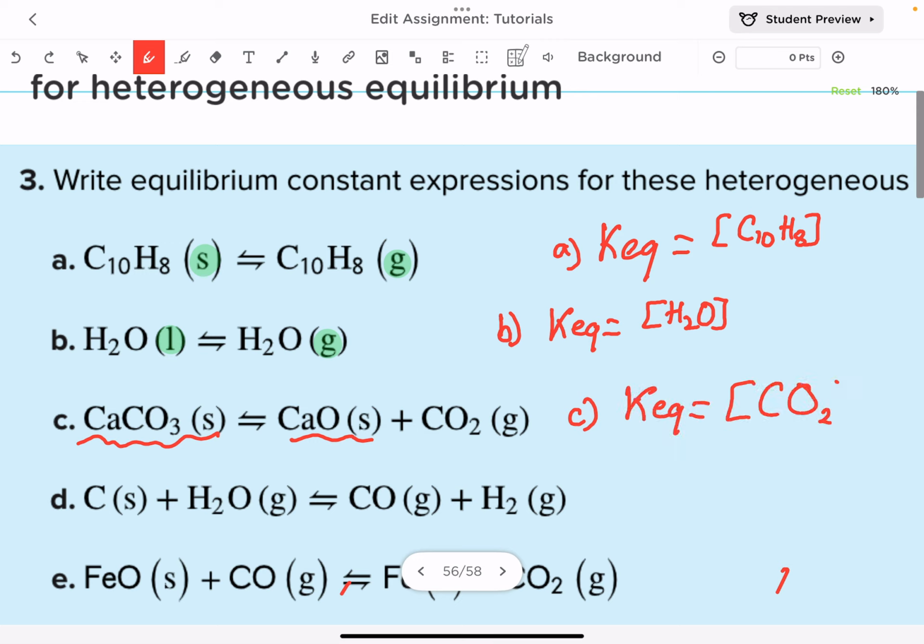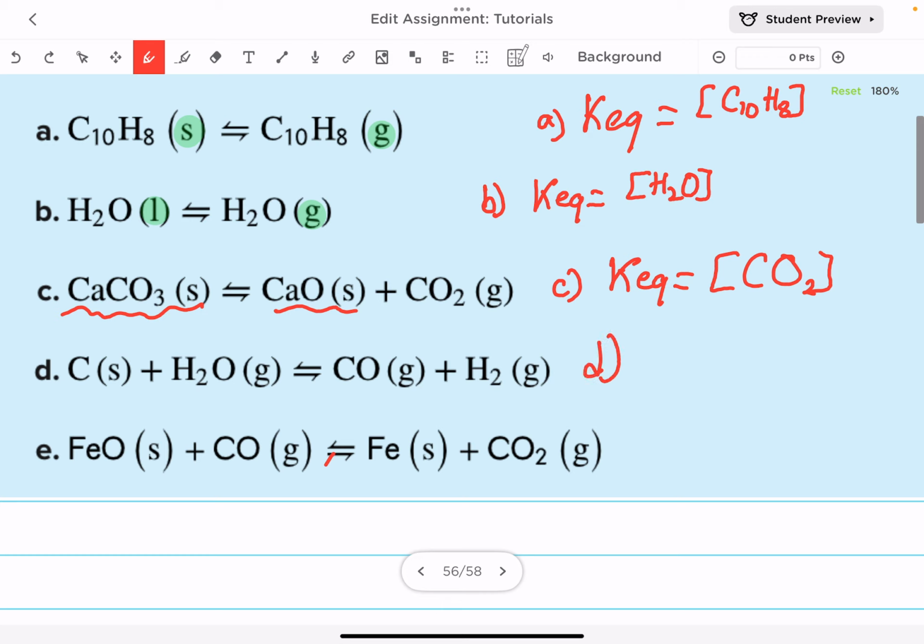Two more examples. D, this will not be involved because it is solid. So K equilibrium is equal to hydrogen gas concentration in brackets multiplied by concentration of CO divided by the concentration of water gas.